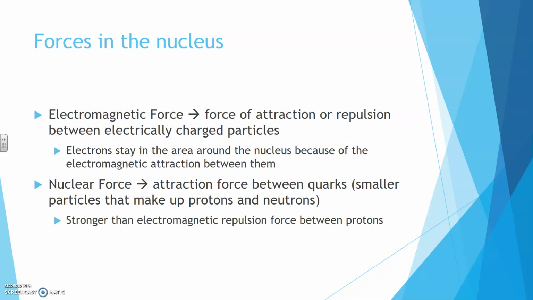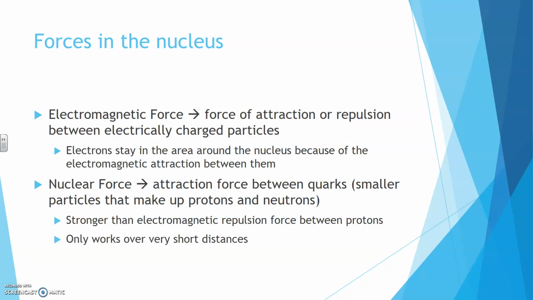So the nuclear force is stronger than the electromagnetic repulsion force between the protons. There is that attractive force, and the neutrons help with that. The neutrons actually will kind of break up some of that electromagnetic force. So it's not necessarily increasing the nuclear force, but it is decreasing the electromagnetic force.